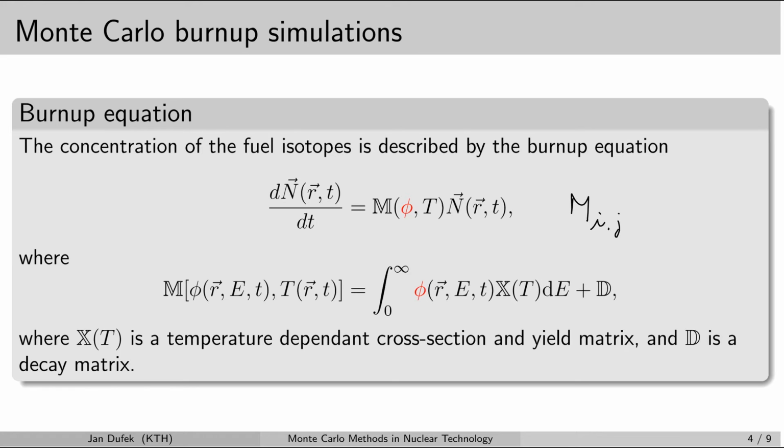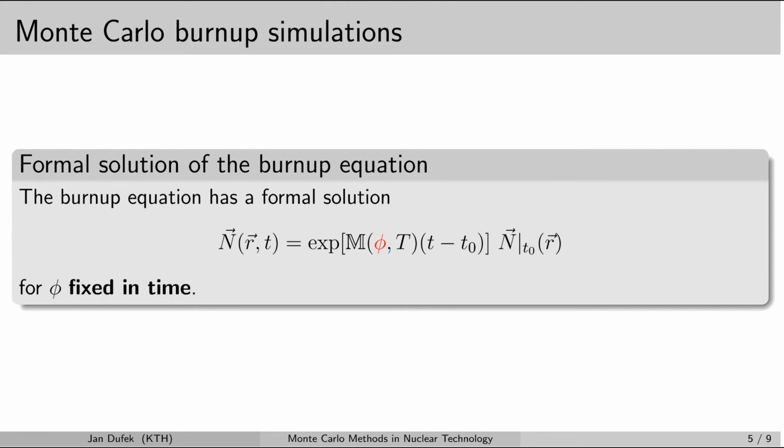So notice that the Burnup equation is a differential equation. It's an ordinary differential equation. So in principle, solving of this equation requires methods that are designed for ordinary differential equations. Nevertheless, we do know the formal solution for the Burnup equation for one specific case, and that is the case when the neutron flux is fixed in time.